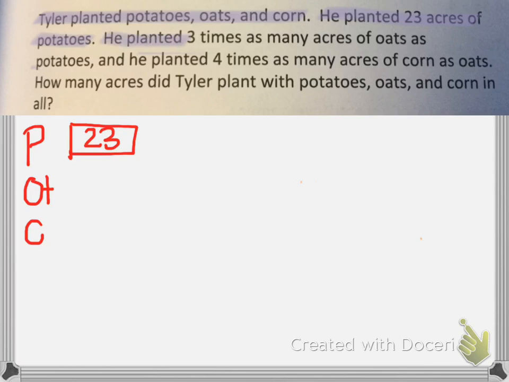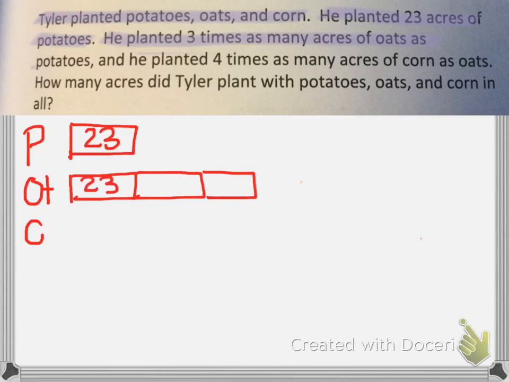All right, he planted 3 times as many acres of oats as potatoes. So, oats, 1 time, 2 times, 3 times. So in my model, I see oats 1 times, 2 times as many, 3 times as many as the potatoes.